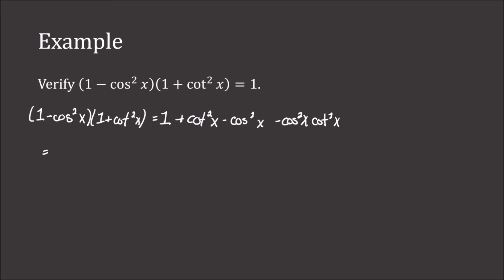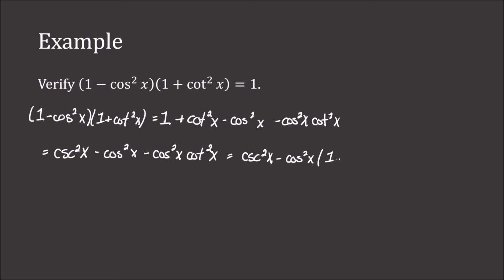Now, if we look at this term right here, the 1 plus cotangent squared, that is a Pythagorean identity. That becomes cosecant squared x. We can factor out a negative cosine squared x here. We're left with 1 plus cotangent squared x, which is, of course, cosecant squared.